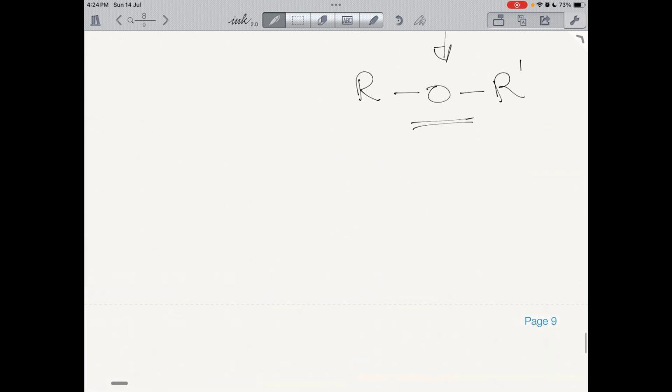So I'll just use a specific example now. If I use methanol, I will bring NaH to form them. If this is methanol, what will be the name of the alkoxide? The alkoxide will be what?